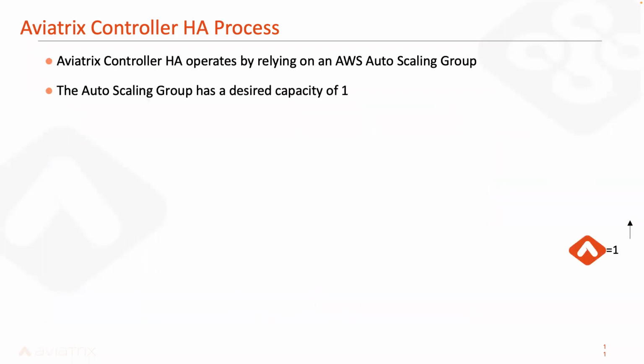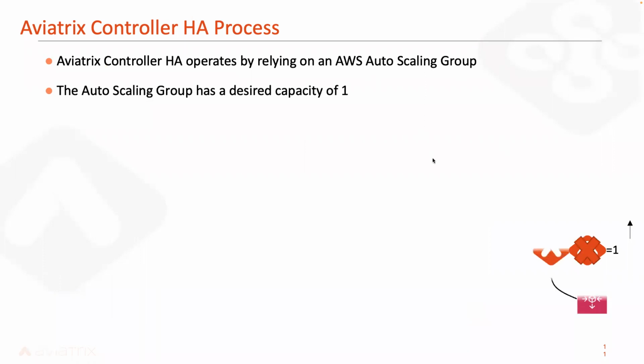So the way it works, I'm going to explain AWS. We also have similar mechanisms in other cloud service providers. In AWS, we leverage a functionality called autoscaling group.